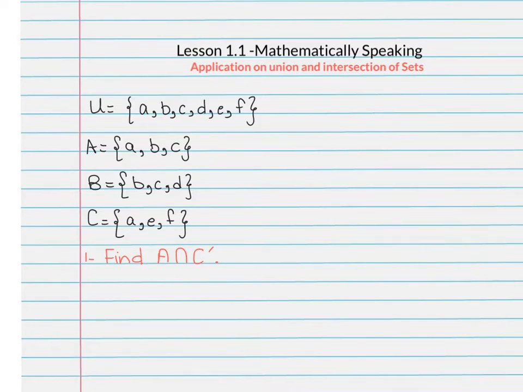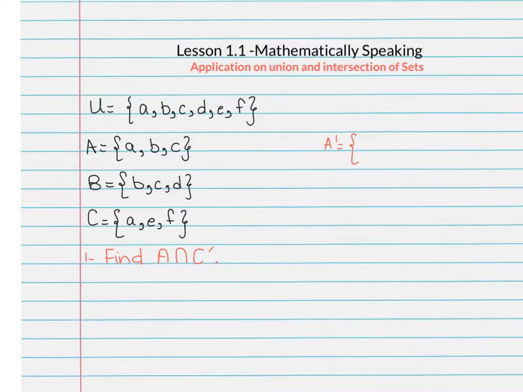I'm going to start by finding the complement of A. To find A prime, I'm going to write it next to A. Remember that A prime has all the elements that are found in the universal set but are not found in A. So we cross out what is found in A and we write what is left.